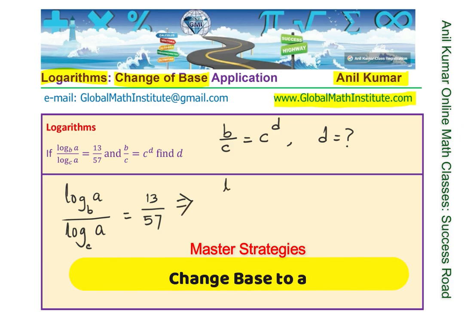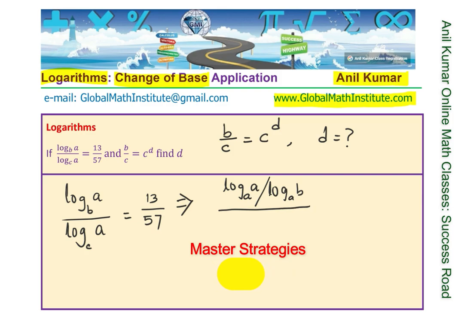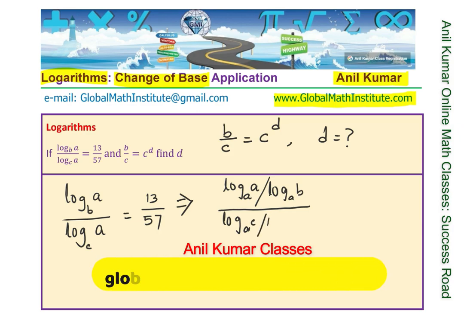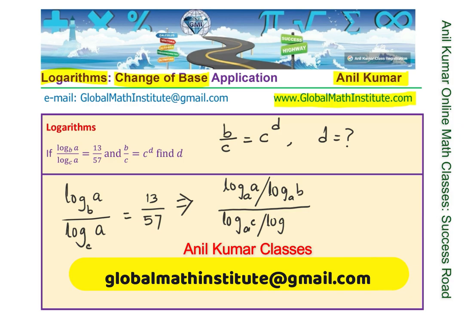We have log to the base a of a over log to the base a of b, that is the numerator, divided by log to the base a of c over log to the base a of a.